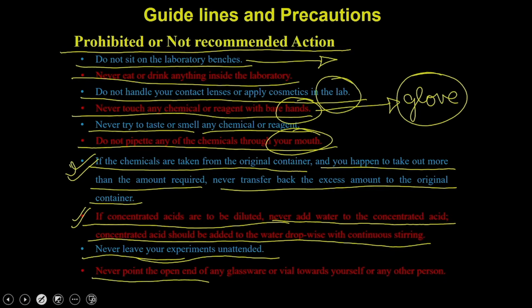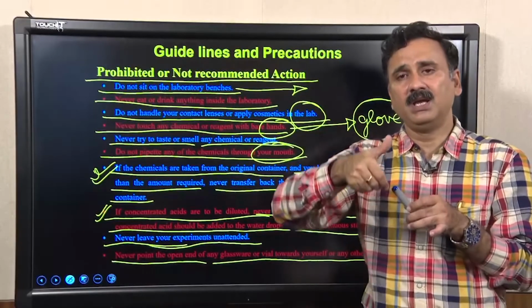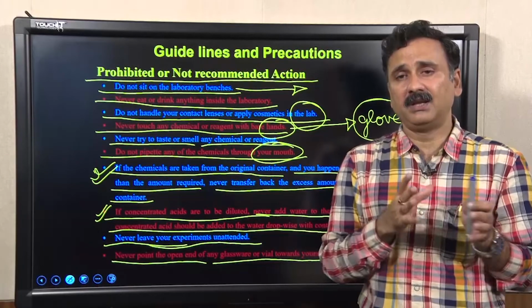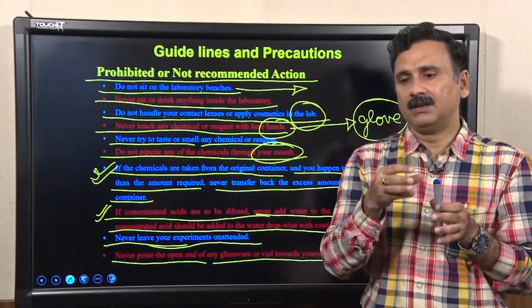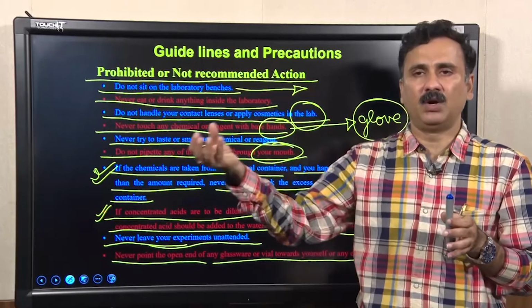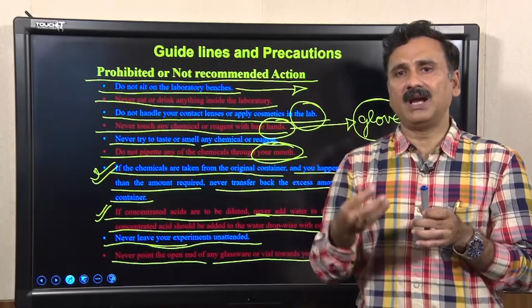Never point the open end of your glassware or vial towards yourself or any other person, which means when you are opening a container, you should always open it in such a way that the mouth is away from your face, and not towards some other person as well, because in case you are opening a vial and there is gas or pressure built up inside, the liquid is going to spill outside, and that spill can be on your face.